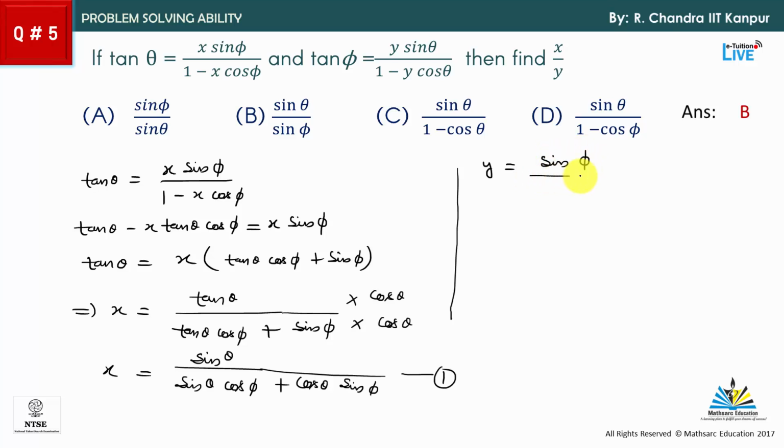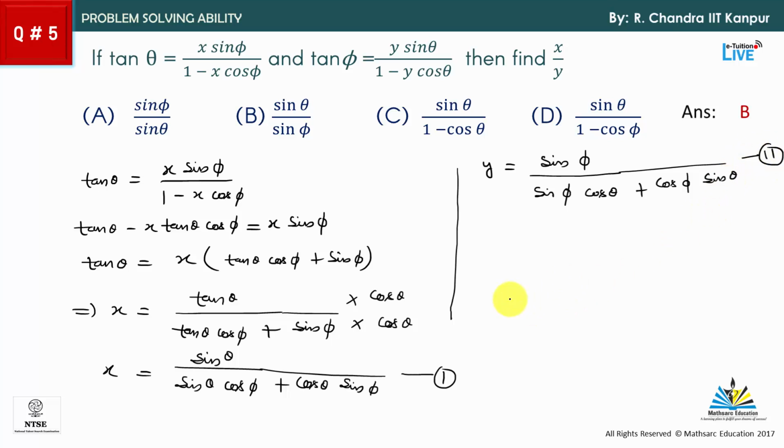We need to replace theta by phi and phi by theta. So y is equal to sin of phi upon sin of phi cos theta plus cos of phi sin theta. So this is the second relation.